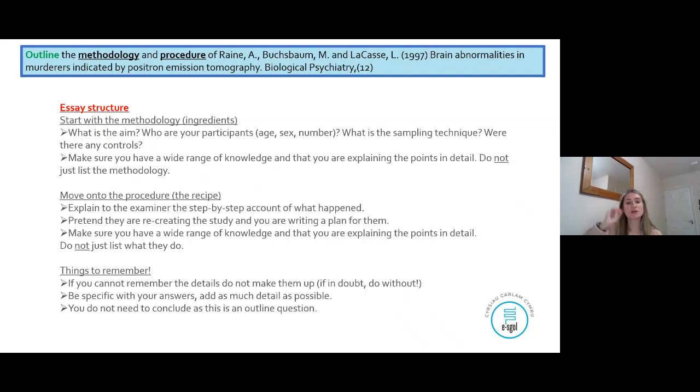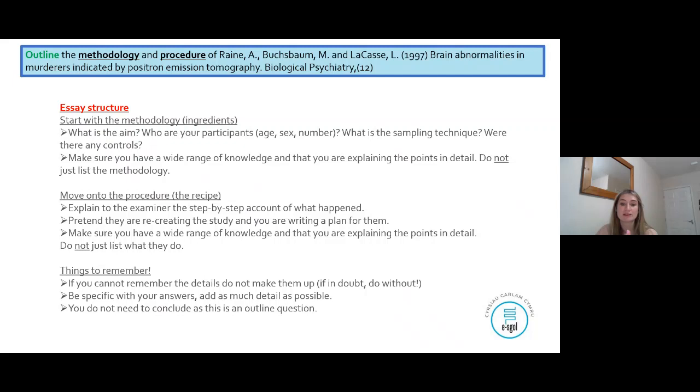Experiment 1 had 45 participants. However, in experiment 2, there were a considerable amount more participants. It looks much better to the examiner that you know there's more rather than making up a number and getting it wrong. Like I say, if in doubt, do without.